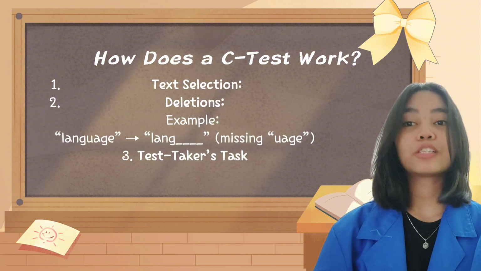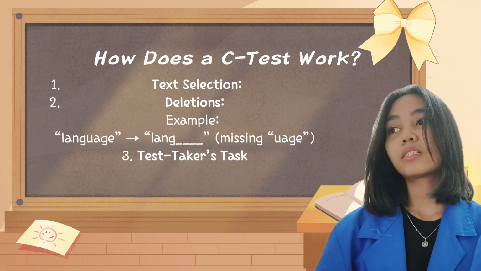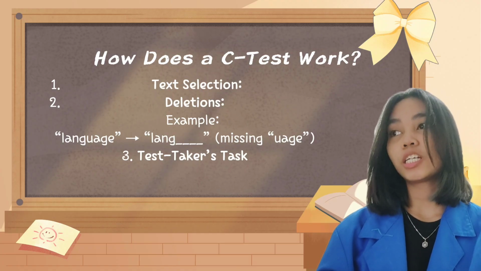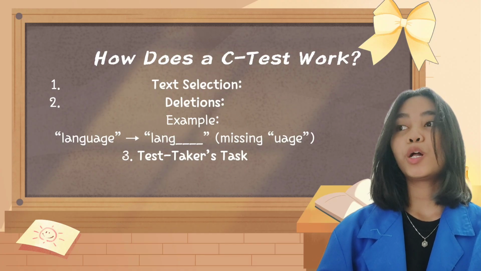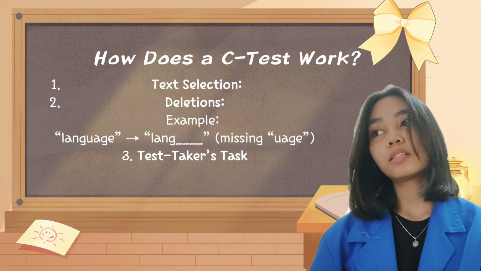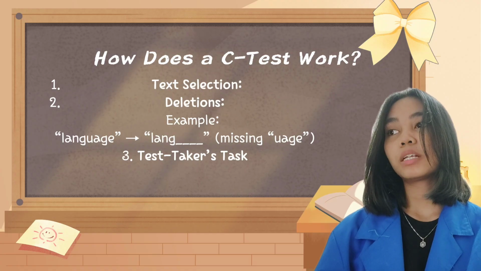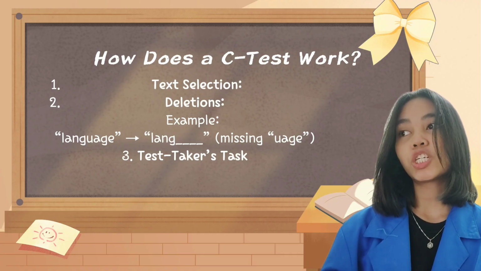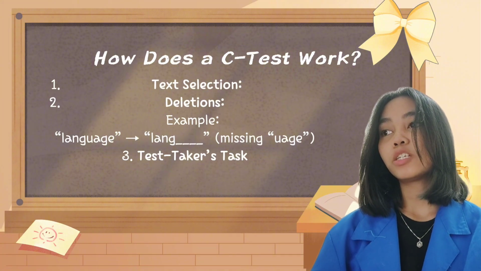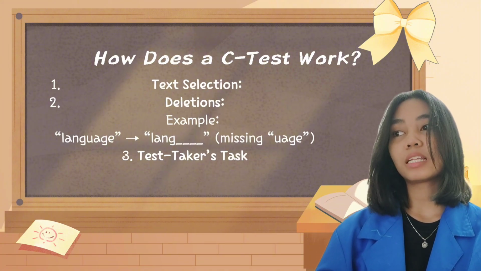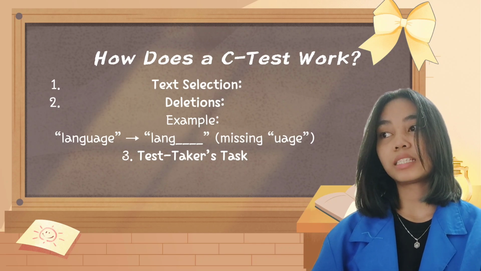How does a C-test work? Number 1, text selection. A coherent text, usually 100 to 215 words, is chosen. It should be representative of the language level to be tested. Number 2, deletions. Deletions start from the second sentence. Every second word has its second half deleted.